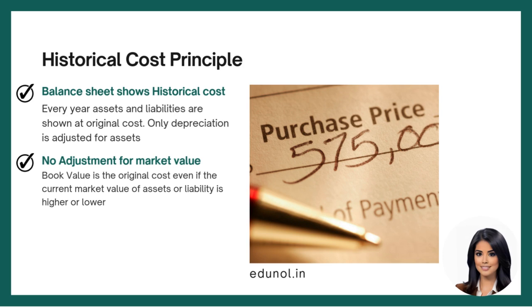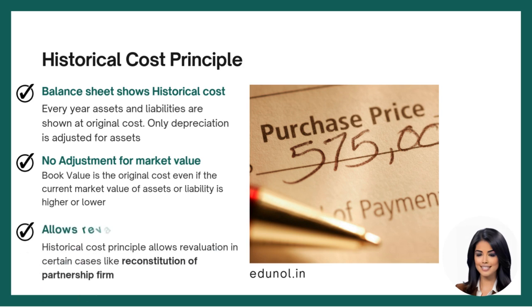However, historical cost principle allows revaluation of assets and liabilities in certain cases, like reconstitution of a partnership firm. Reconstitution of a partnership firm means either admission, retirement or death of a partner, or the change in profit-sharing ratio among the partners.